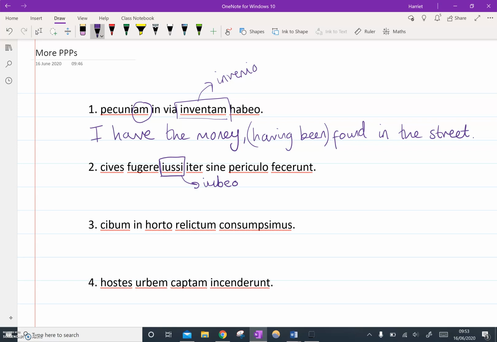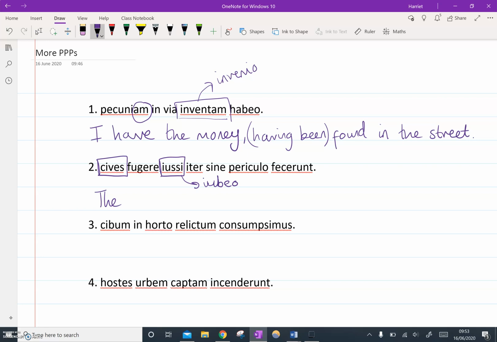So let's have a look at the rest of the sentence. Well, you've got a nominative masculine plural here. So it's probably going to be the case that it's the citizens having been ordered. So let's translate the whole sentence. Well, as we've established that cives and iussi are both nominative, let's start with them this time.